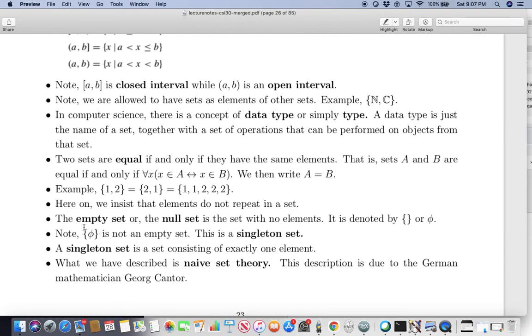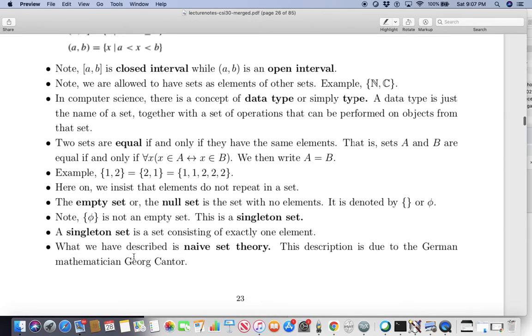Therefore, the outer set is a singleton set. It contains one element. A singleton set is a set consisting of exactly one element. What we have described here is naive set theory. This description is due to the German mathematician Georg Cantor.